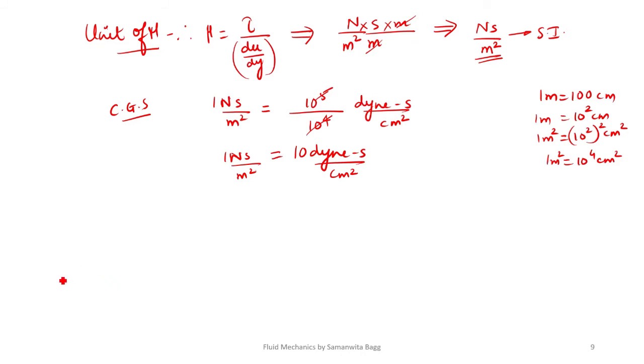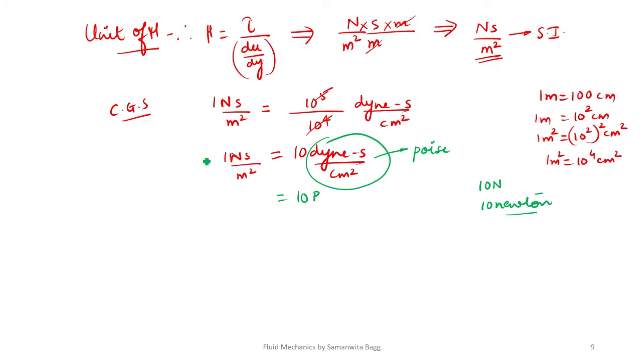This term dyne second per centimeter square has been labeled as poise. So this is nothing but 10 poise, or you can write the entire term. Now since we are writing the name of a scientist, we need to write this as small p, and if you want to write this as a unit term, you can write it as capital P. For example, if you are writing 10 Newton, you write it this way, and if you are writing the name of the scientist completely, this is 10 Newton.